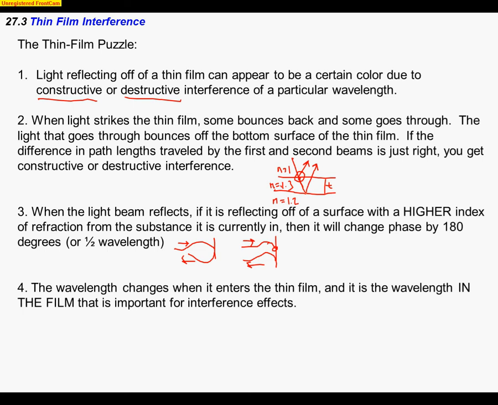This one, however, is hitting a material with a lower index. It's coming from a 1.3 and hitting a 1.2, so it doesn't change phase. So what we have now is the 2 light beams becoming out of phase.